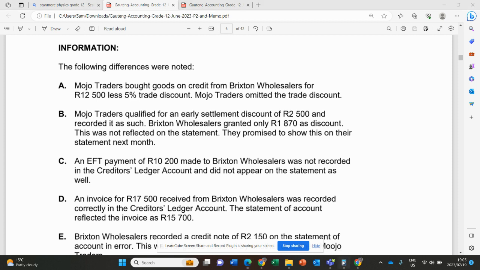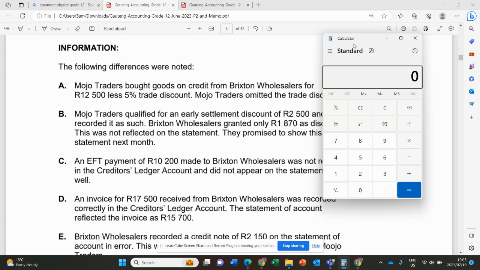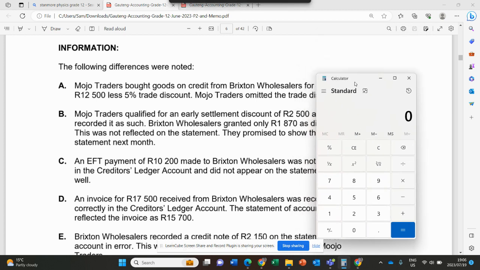Okay. Now we're going to have to calculate the discount that was omitted. So here we have 12,500. Then we need to calculate what? A discount. Then we're going to say times 5%, which is the discount.